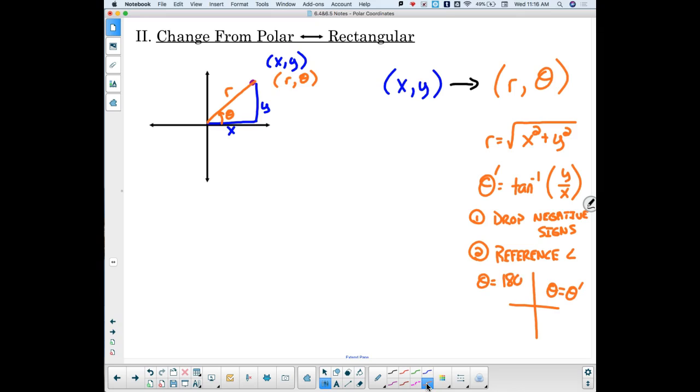I feel like we've done these before. In quadrant number 3, theta is equal to what? 180 plus the reference angle. And in quadrant number 4, theta is equal to what? 360 minus my reference angle.